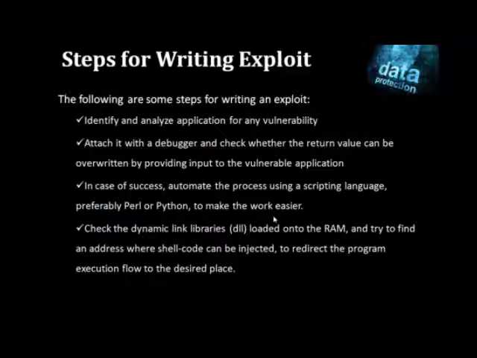Next, in case of success, automate the process using a scripting language, preferably Perl or Python, to make the work easier. And the final step would be to check the dynamic link libraries loaded onto the RAM and try to find an address where shellcode can be injected to redirect the program execution flow to the desired place. This, by no means, is a detailed process, and the steps may have several divisions, but the overall process can be summed up as such.